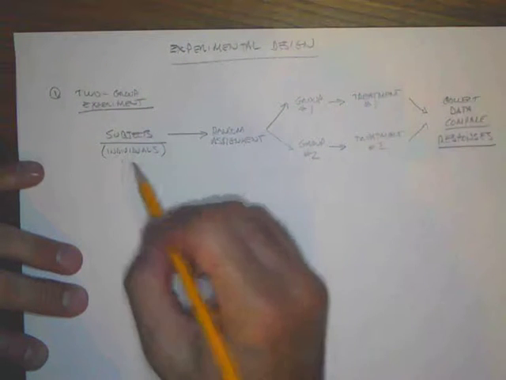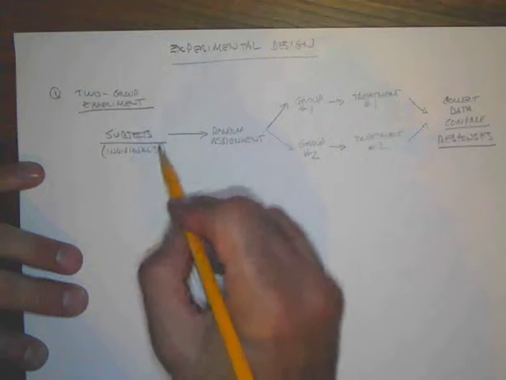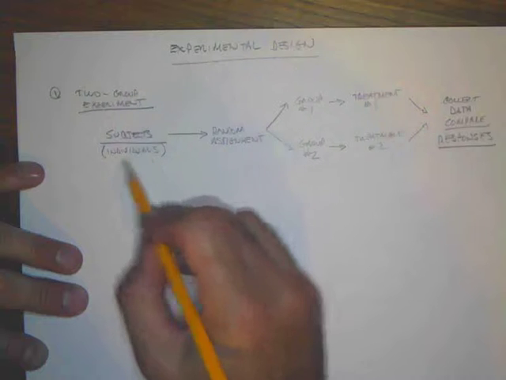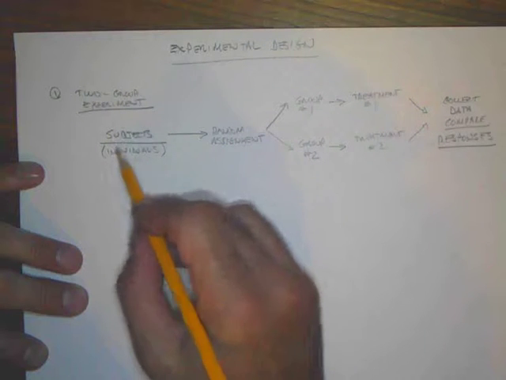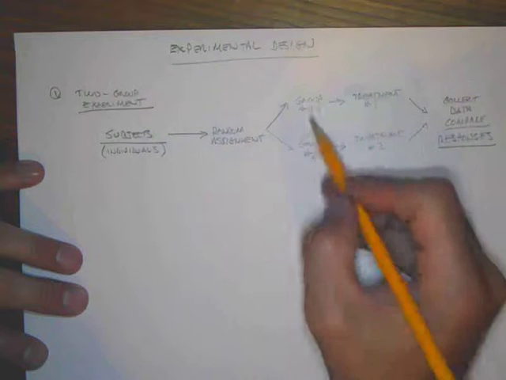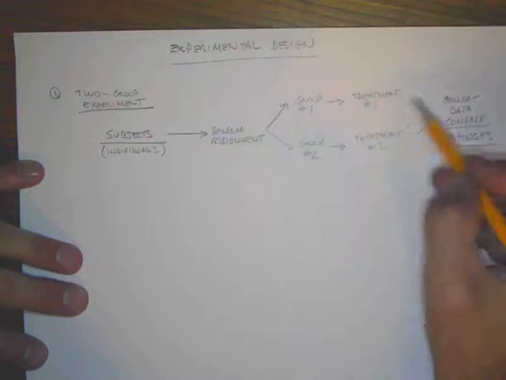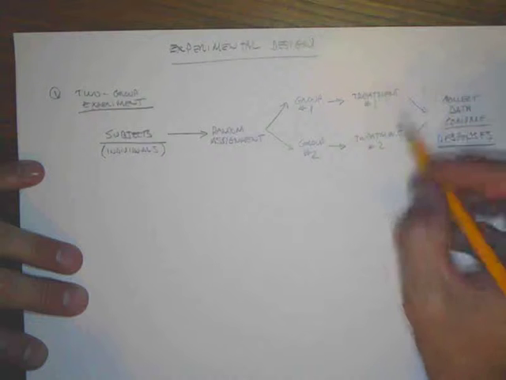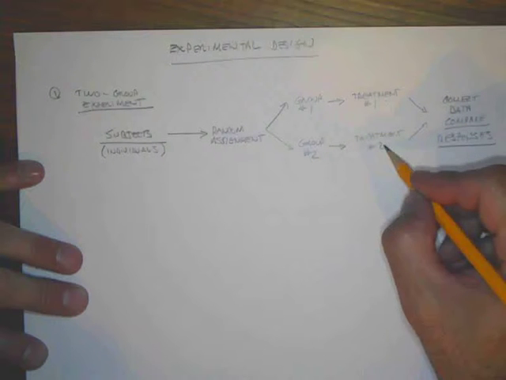So for example, if our subjects all were chosen because they have similar IQ and similar work habits and life habits and so forth, we randomly assign them to group 1 and 2. Treatment 1 is the SMART pill, treatment 2 is the placebo.